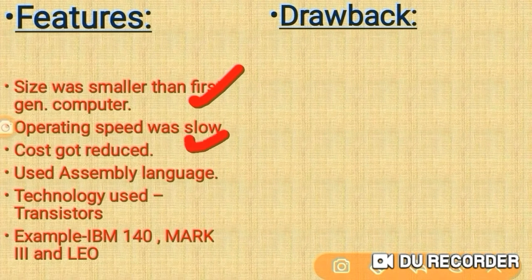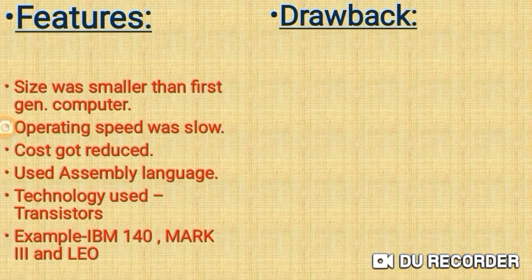Operating speed was slow. Cost got reduced as compared to first generation computer. This generation computer used assembly language. They used transistors. The examples of this generation computers are IBM 1401, Mark III, and LEO.